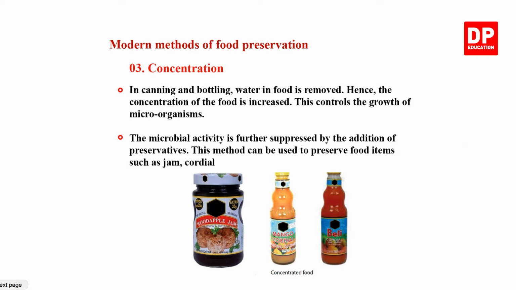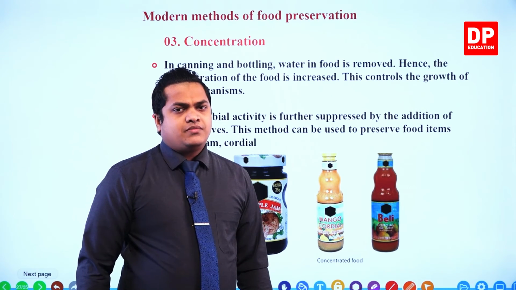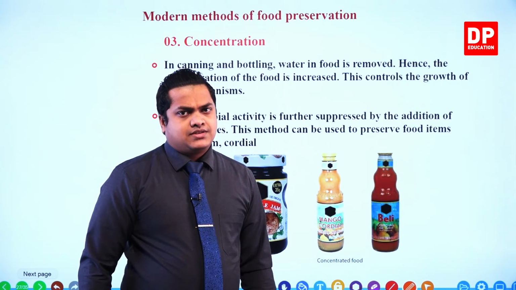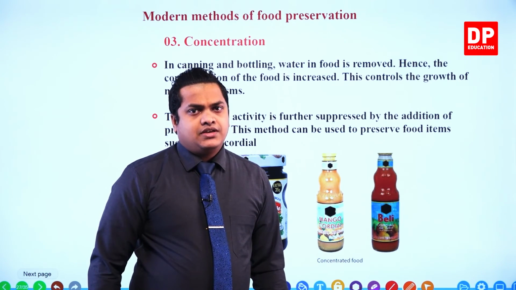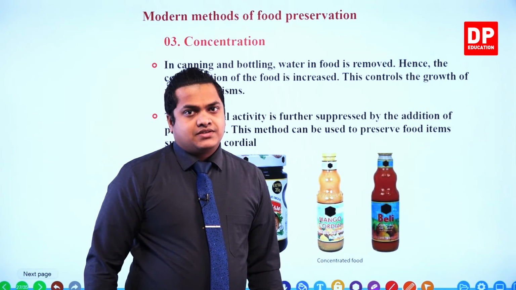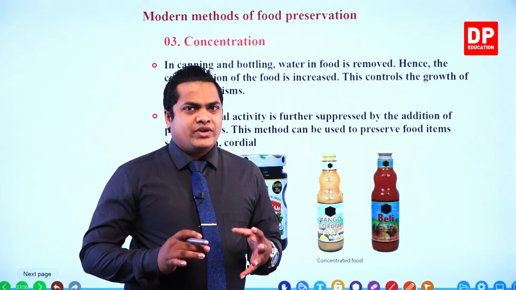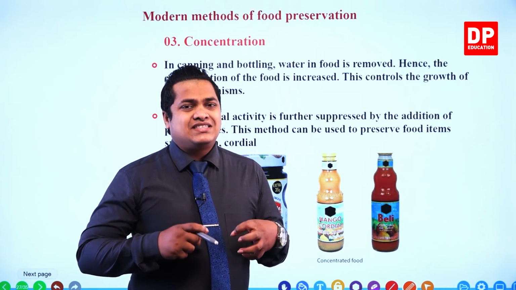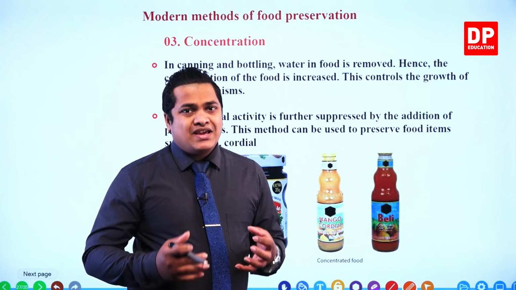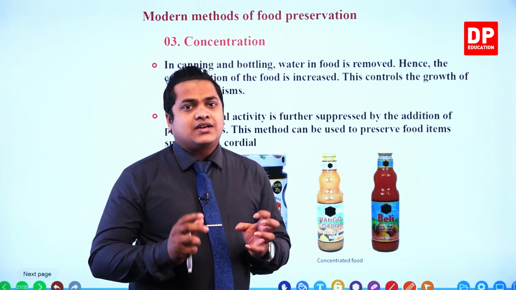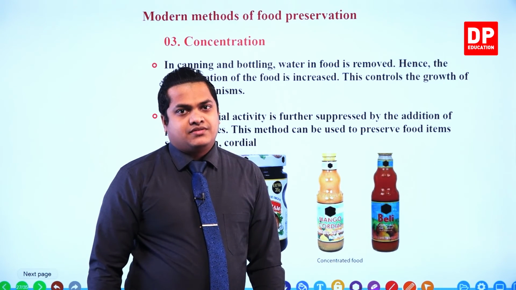You can control the concentration. Concentration means the number of particles contained within the substance or the material. Actually, what we are going to do here is increase the number of particles of the substance, thereby reducing the water content within the substance.